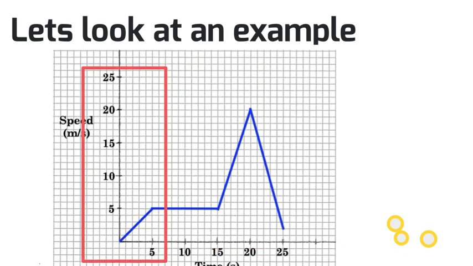Right, now if I look at the first section, I see the speed changes from 0 at the bottom down here, that's 0, changes from 0 to 5, but it takes 5 seconds.